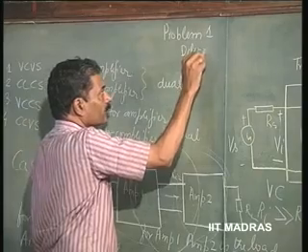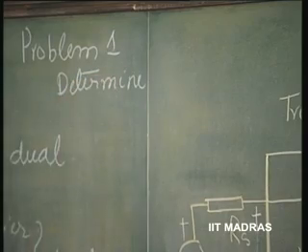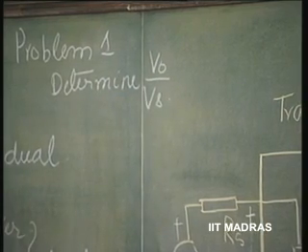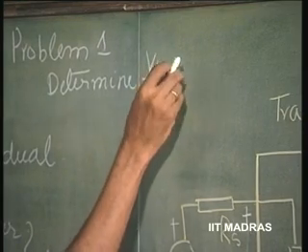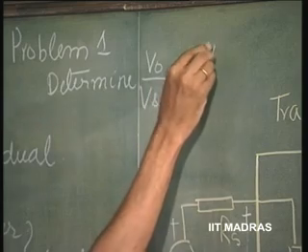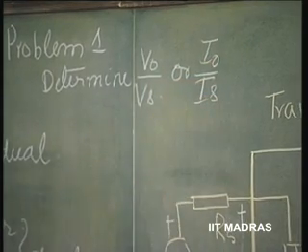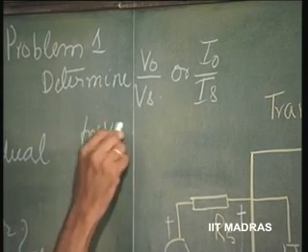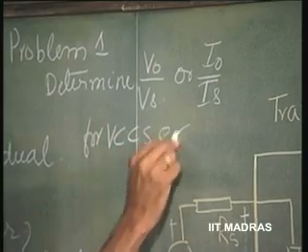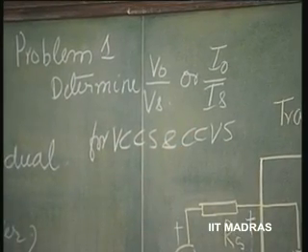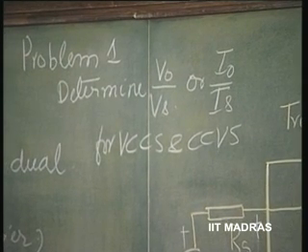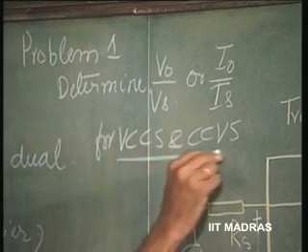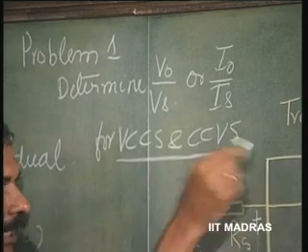Determine V naught over Vs, or let us say I naught over Is, for VCCS and CCVS. When these are non-ideal.